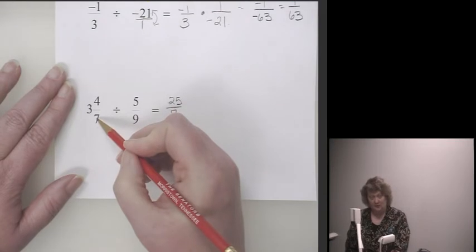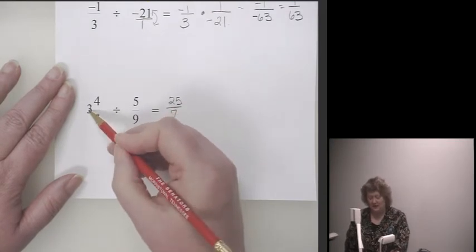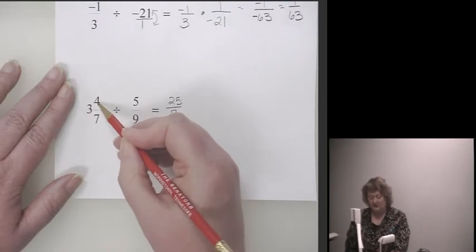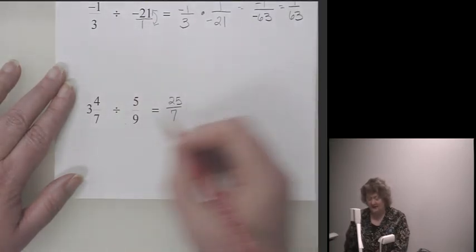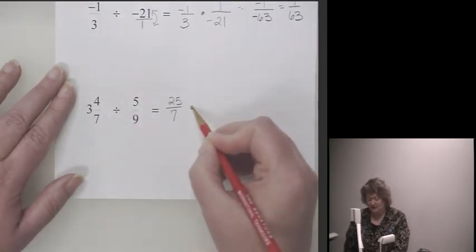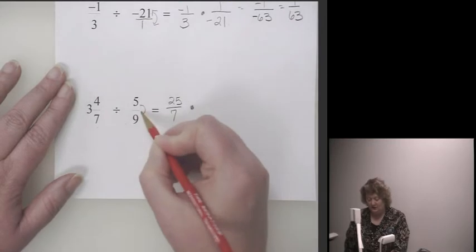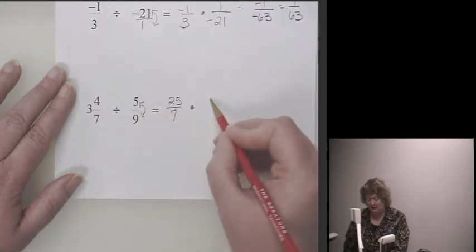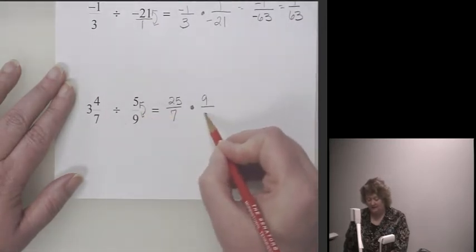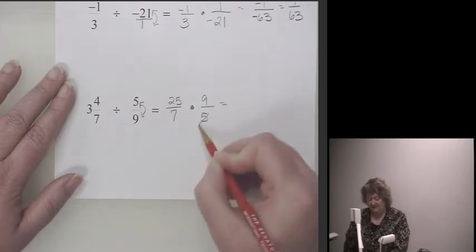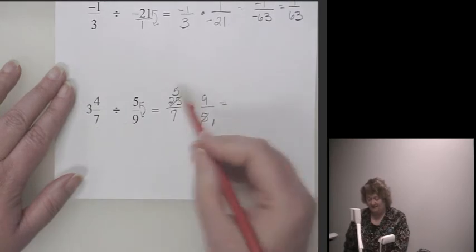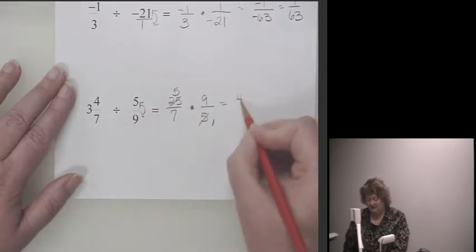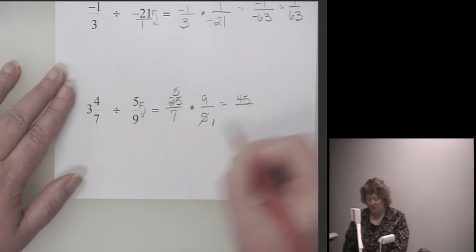Again, let's double check our arithmetic, especially since I'm on camera and don't want to make a mistake. 21, 22, 23, 24, 25 over 7. 21 plus 4 is 25. Then the divide changes to a multiplication, and we need to flip that fraction. 9 over 5. 5 goes into itself 1 time. 5 goes into 25 5 times. 5 times 9 is 45. 7 times 1 is 7.